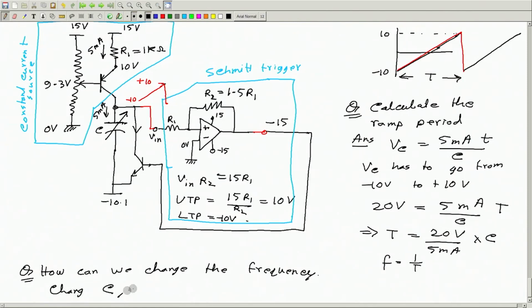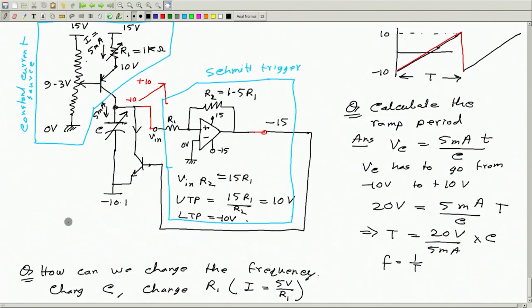Or else, what you can do is change this R1, because if you change R1, then this current, you call this current I, this current I is the same as 5 volt by R1, right? So if you change this current, definitely the time required for this voltage to go from -10 to +10 will increase or decrease, right?